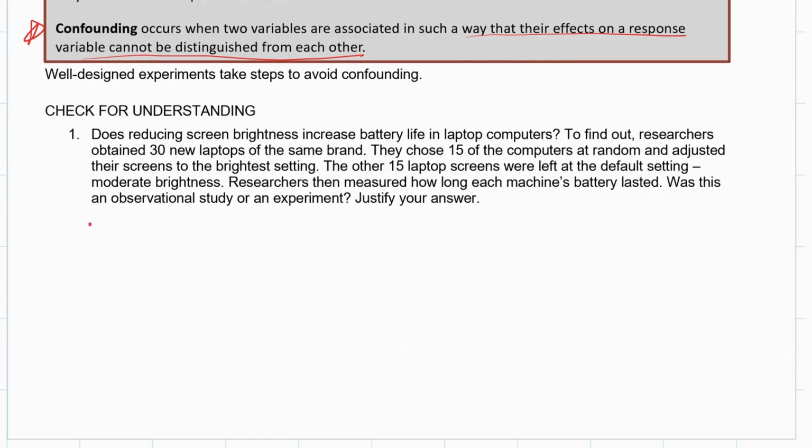Well, first of all, we're going to acknowledge that the brightness of the laptops were changed. We did something. Therefore, a treatment was imposed.